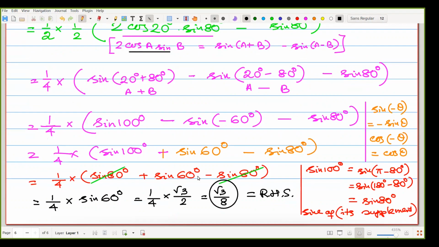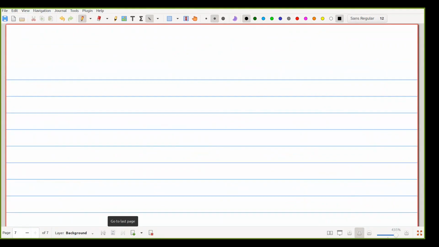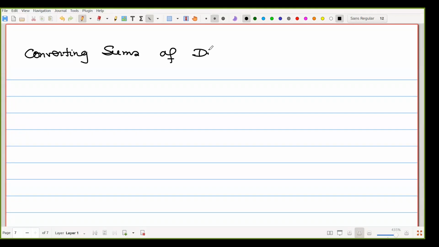Another thing we have to consider is converting sums or differences into products.